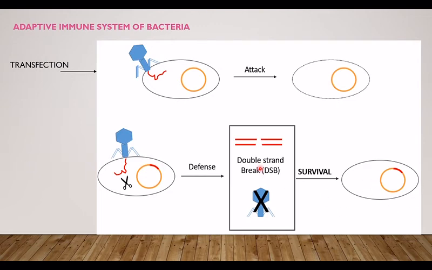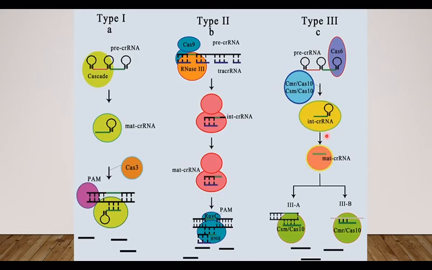That's the final endpoint. Okay, so basically CRISPR has three types, and the three types have three different types of molecules involved. The most vastly studied is type 2. As far as my literature review goes, I could only find three types.